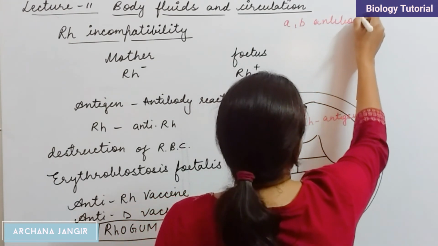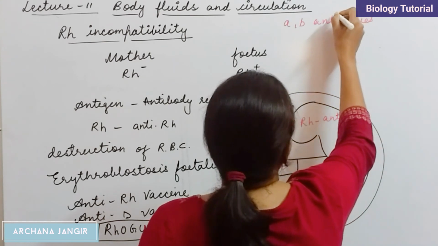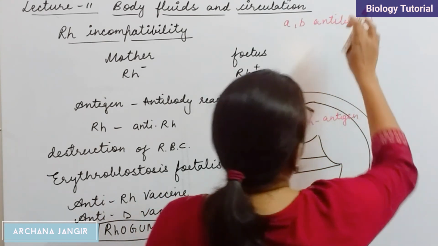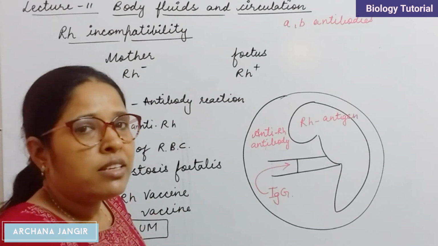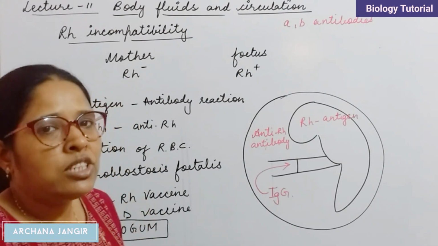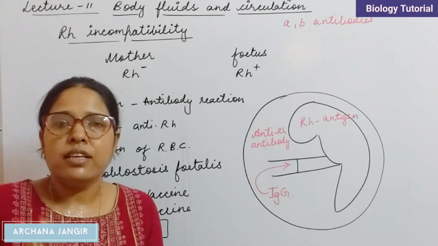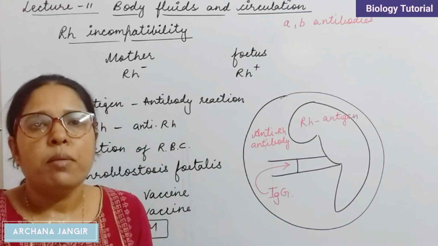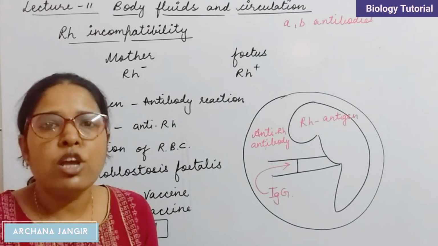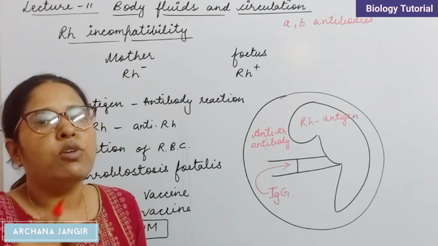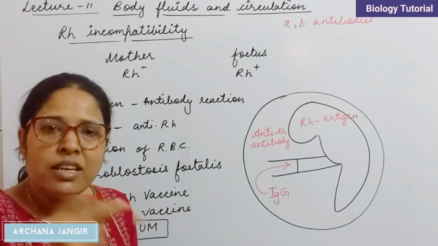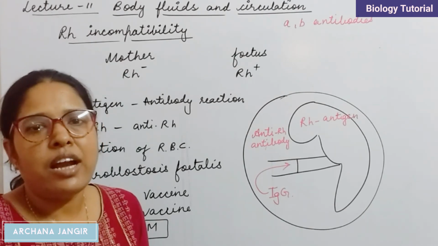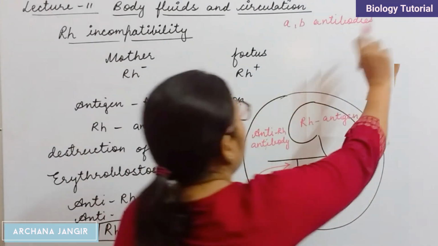Usually the AB antibodies are the IgM type of antibodies, and these antibodies cannot cross the placenta. But in the body of a mother having blood group O, the AB antibodies are IgG antibodies, which can cross the placenta.